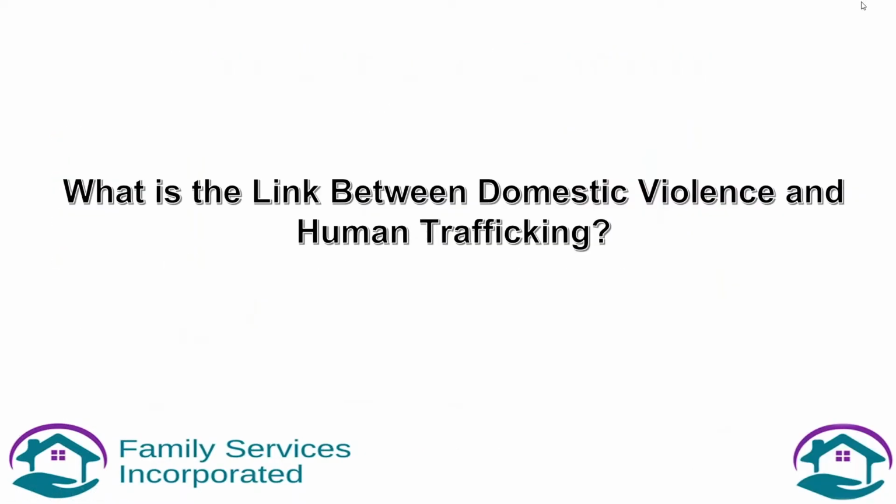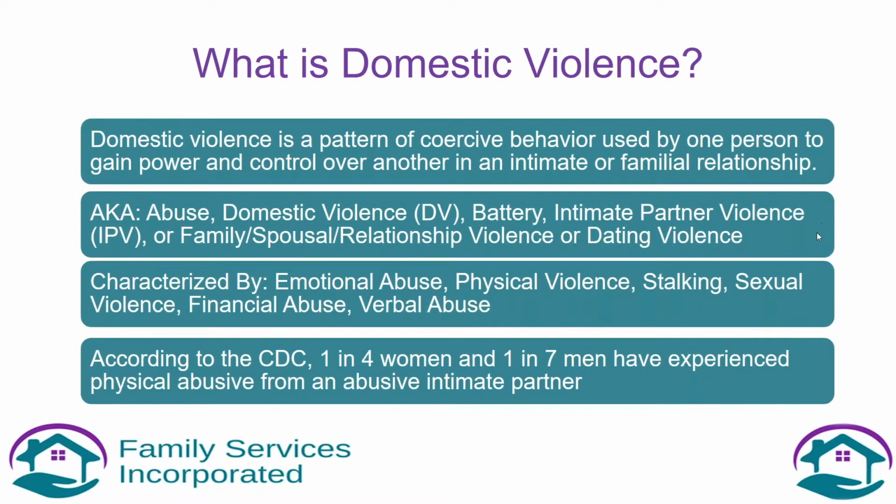Last thing we're going to talk about here is the link between domestic violence and human trafficking. So just in case you need a definition, domestic violence is a pattern of coercive behavior used by one person to gain power and control over another in an intimate or familial relationship. Also known as abuse, domestic violence or DV, battery, intimate partner violence or IPV, family, spousal relationship violence, or dating violence.